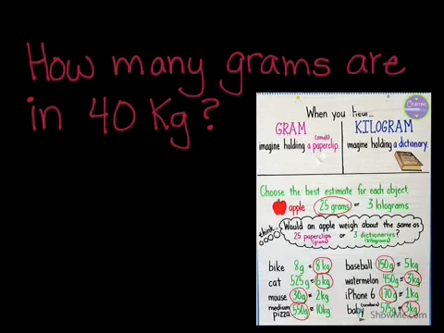On the other hand, when I hear kilogram, I'm going to imagine that I'm holding a dictionary. It is much, much heavier. So, a bike would weigh about 8 kilograms.